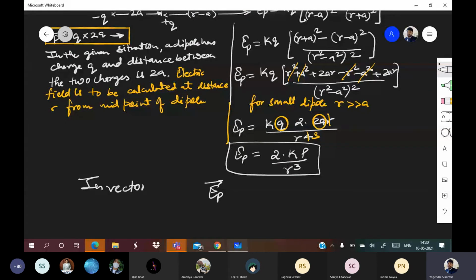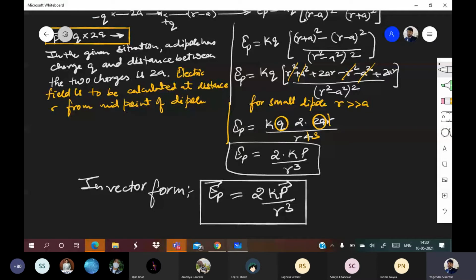In vector form, EP vector is equal to 2k P vector upon R cube. All right, EP vector is equal to 2k P vector upon R cube.